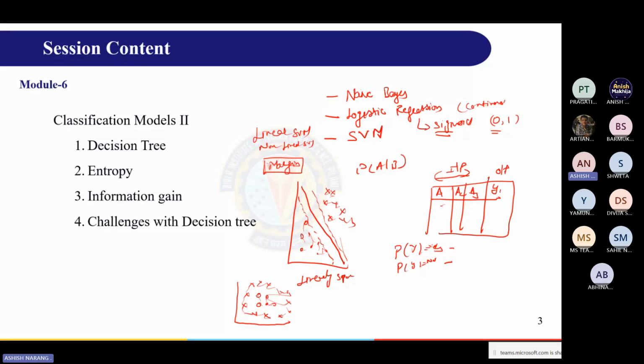So I cannot draw a straight line in some way and cut it out, right? The boundary becomes a little more complex rather than linear. If I draw a circle around it, outside the circle there is a cross, and inside the circle there is a zero or an O, you can say, right? Basically, I'm drawing a boundary which is non-linear in nature, but separating the two classes.